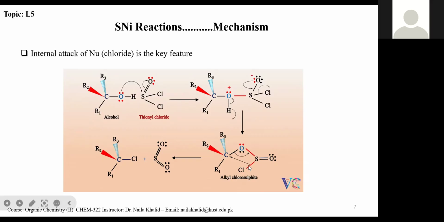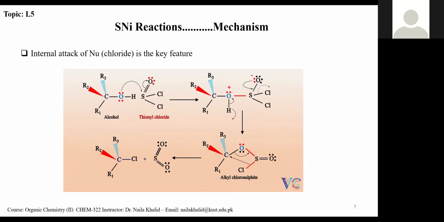At the end, as this nucleophile has attacked from the same side to which this leaving group was attached, this also leads to a retention of configuration. It means that the configuration of the substrate and configuration of the products both are same.